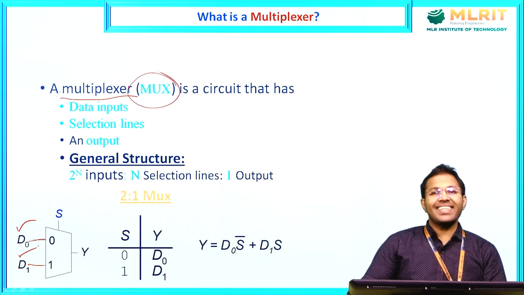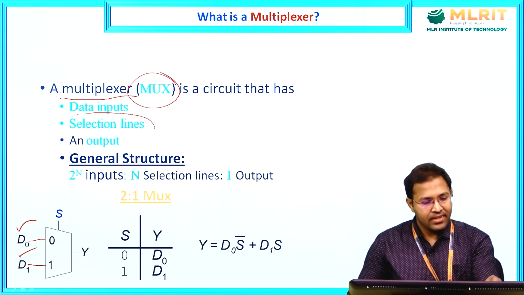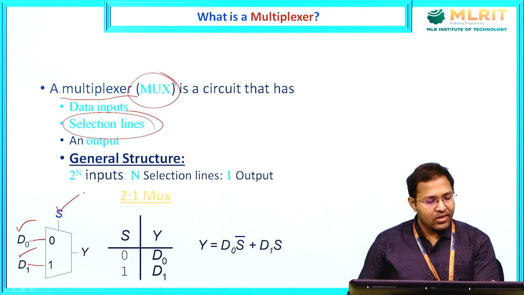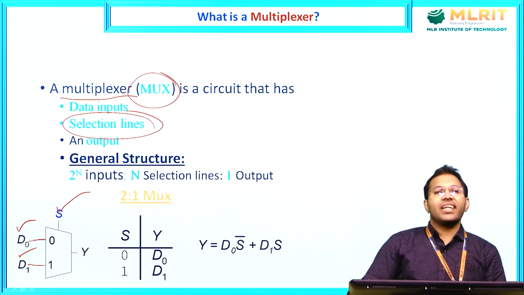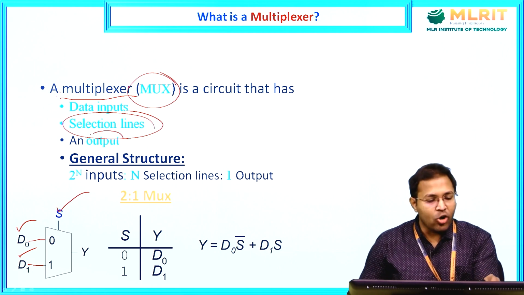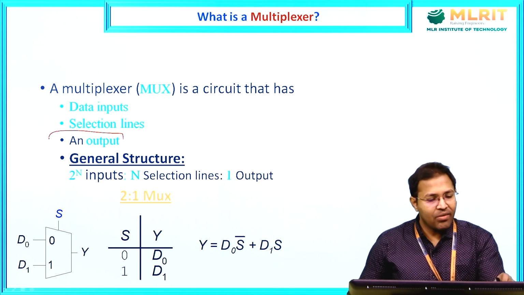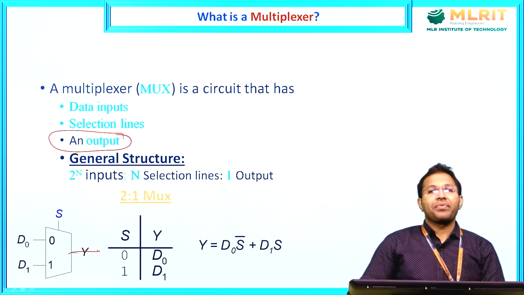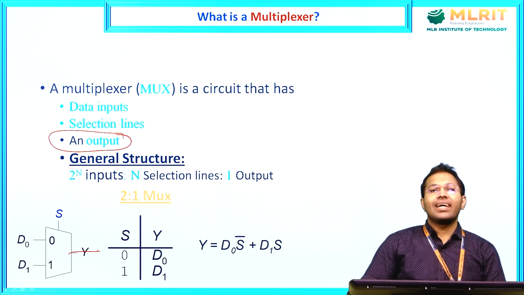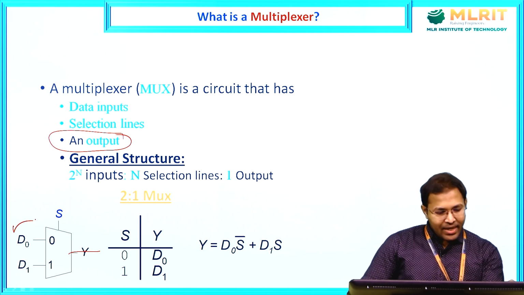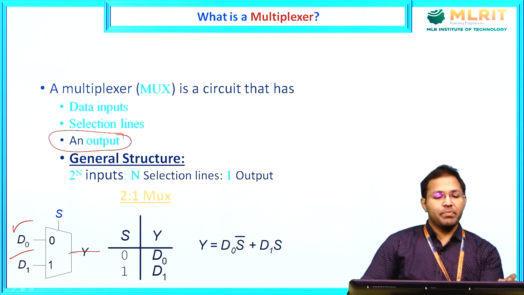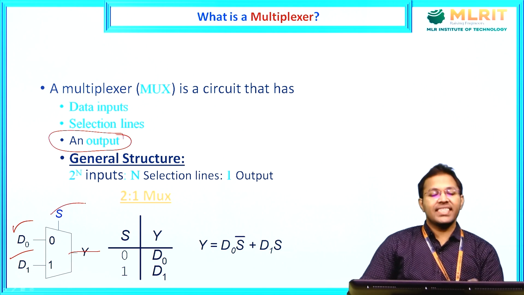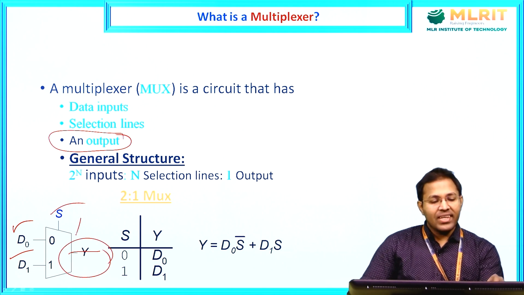It has selection lines, here S, and one output. Here I would like to emphasize that a multiplexer has only one output, irrespective of the number of inputs and irrespective of the number of selection lines; the output is always 1.